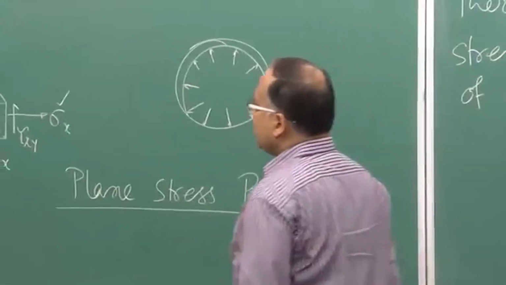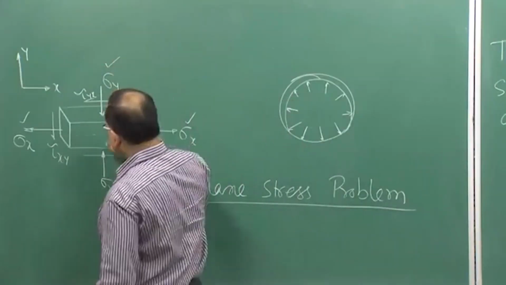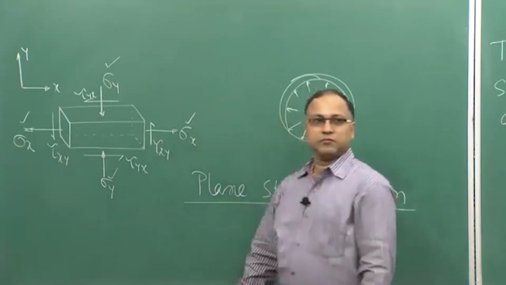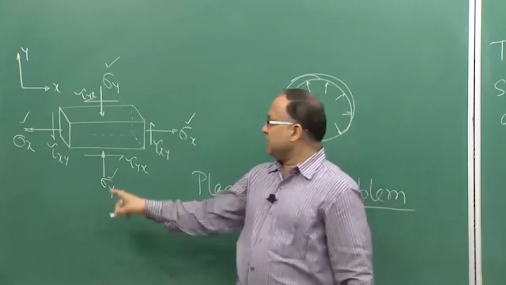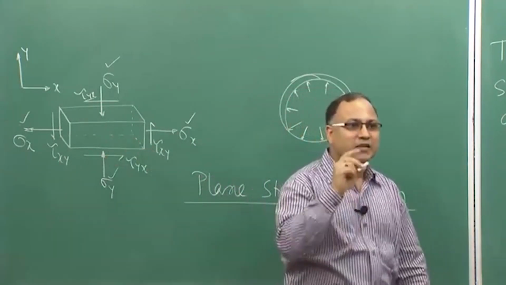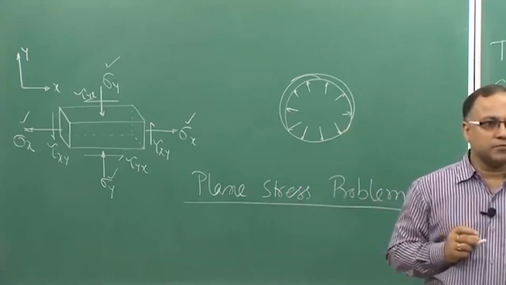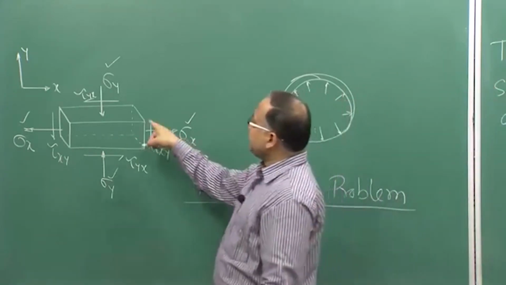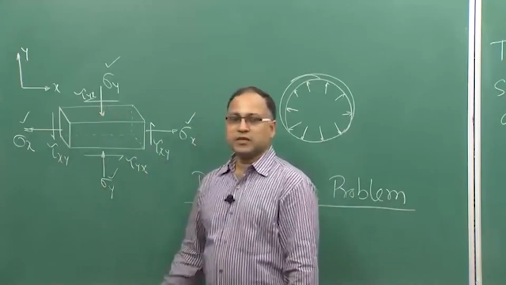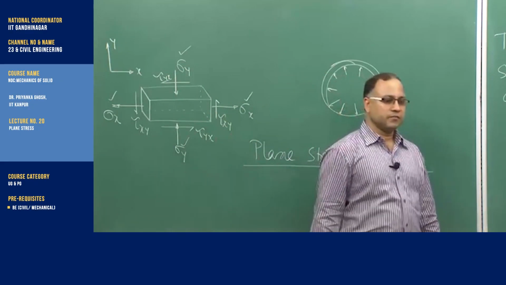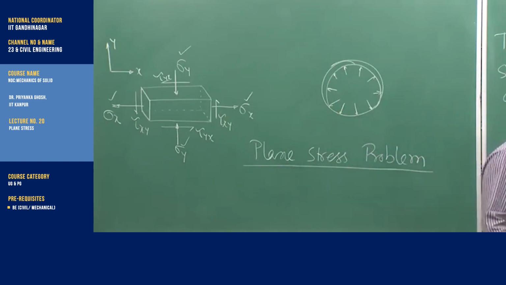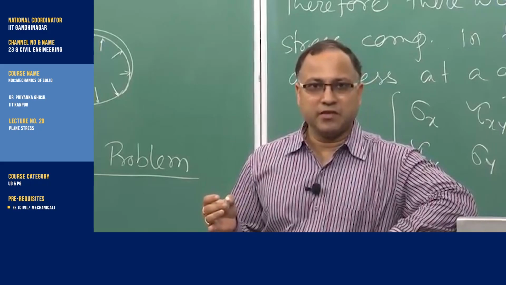Now, what about the sigma y? This plane is your positive y plane, this plane is your negative y plane, for example. On this positive y plane, sigma y is acting in the negative y direction. So, as per our definition, sigma y should be negative.